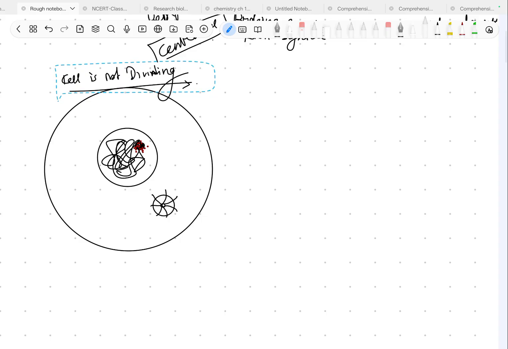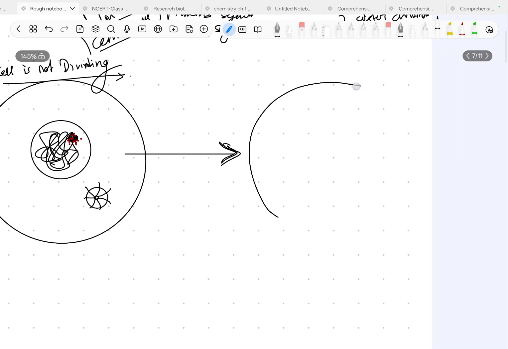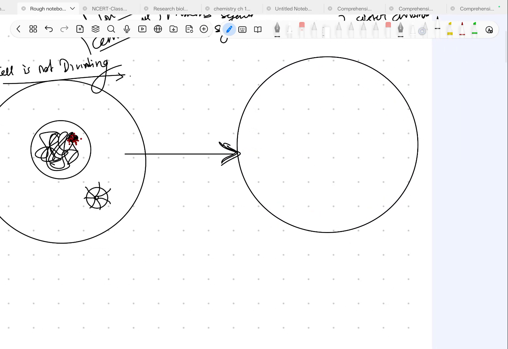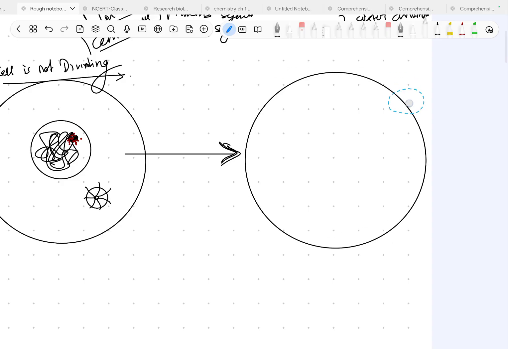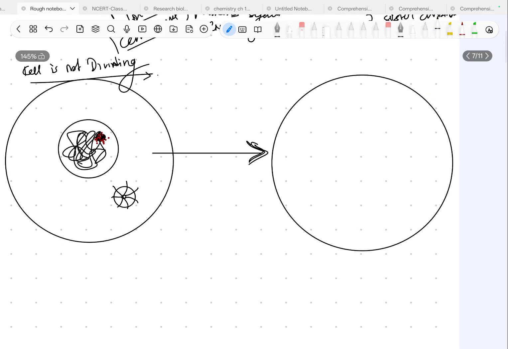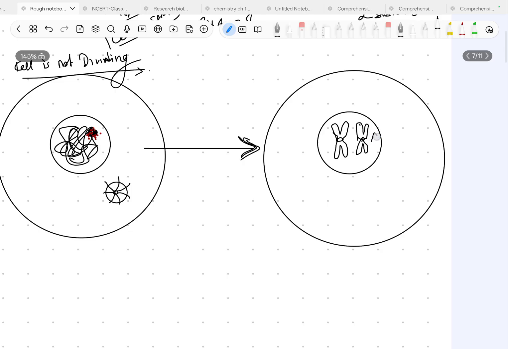But when the cell is dividing, comparing it to the not dividing cell, it has chromosomes.